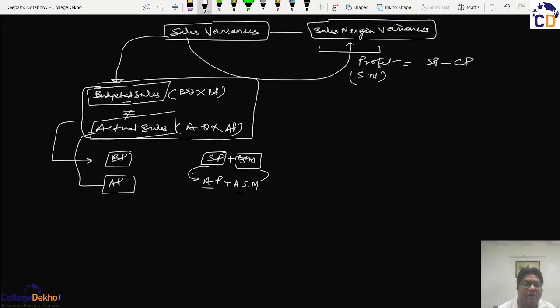So here we will presume that there is no variation in the cost price. If we change the standard cost price to the actual cost price, there will be involvement of the cost variances. So we presume that whatever the standard cost is has already been achieved, and it will be the standard cost price here also.